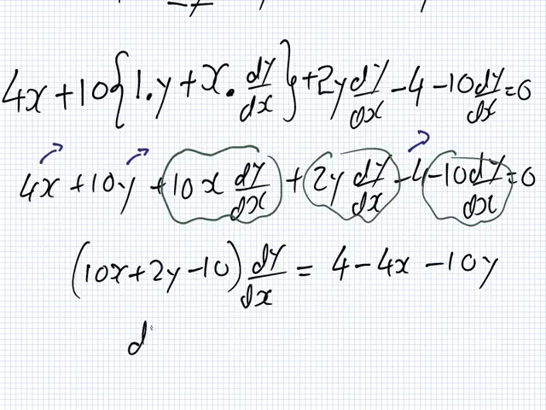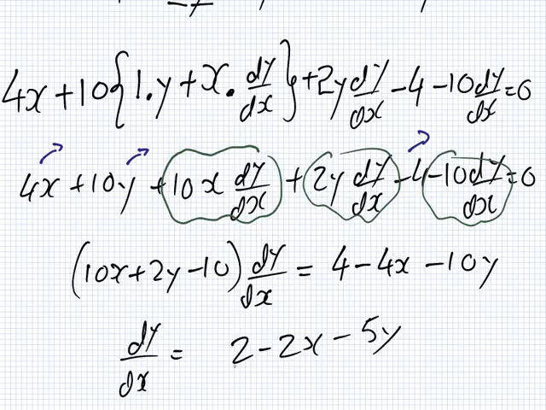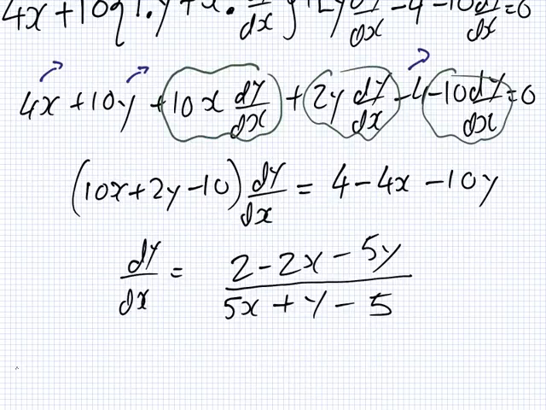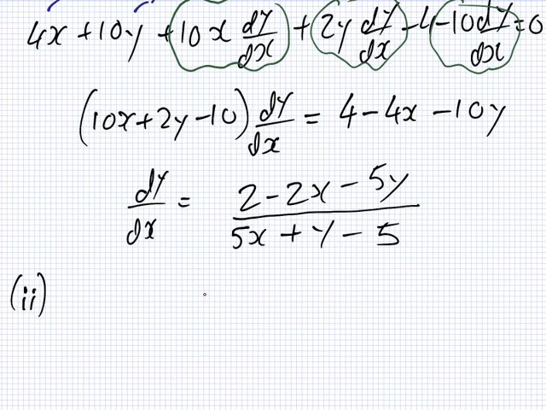So I get dy/dx equals 2 minus 2x minus 5y over 5x plus y minus 5. Right. That's better. Is that what you got? Yes? Or do you look shocked? Not the same? It's just we all make mistakes.